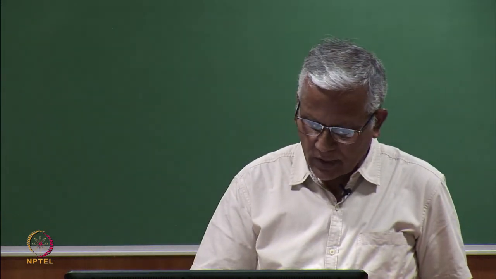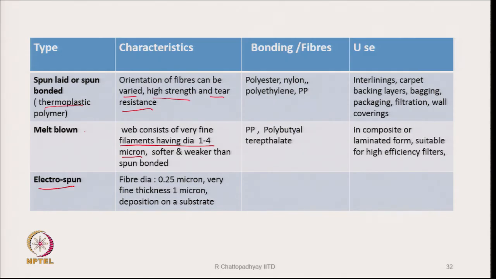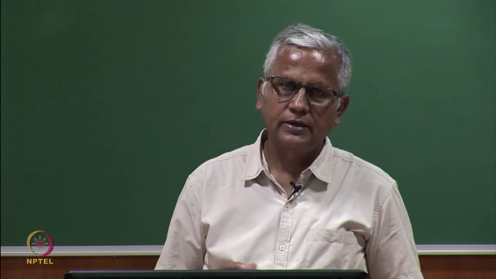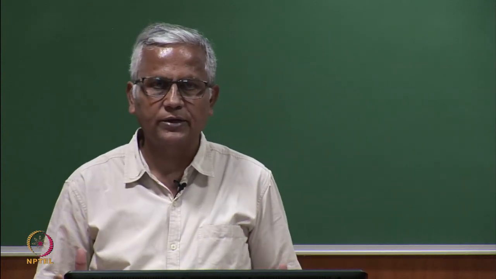Then we have the electrospun technique also, and we can produce non-woven following electrospun techniques. With this, this particular lecture is over now. So, what we have discussed: the different types of fabrics that are available with us and their general characteristics.